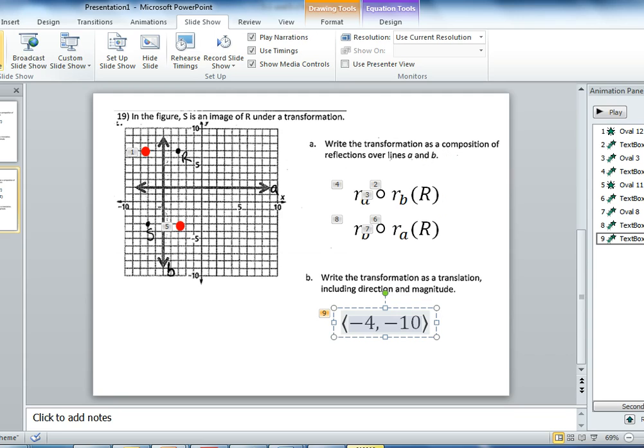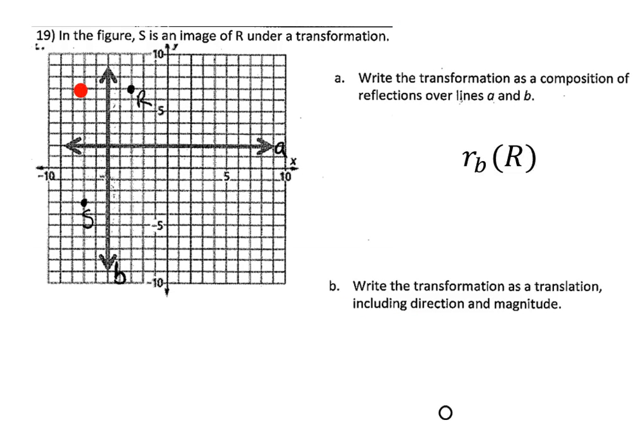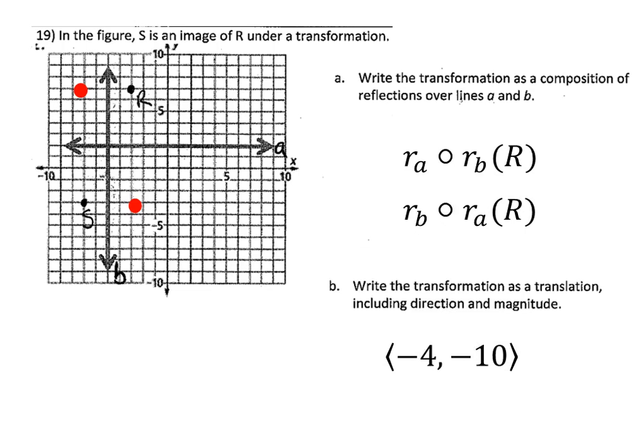So here's all our points, and we should have <-4, -10>, because the left-right movement we do first. So we go left 1, 2, 3, 4, and then we went down 10. So from R to S, that would be <-4, -10>. Sorry for that typo there, but that's what that would be as a vector.